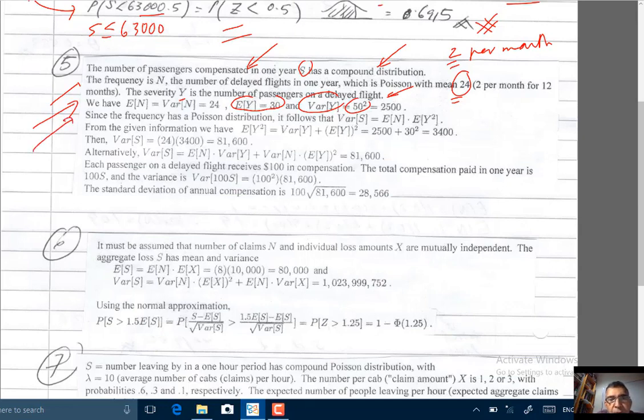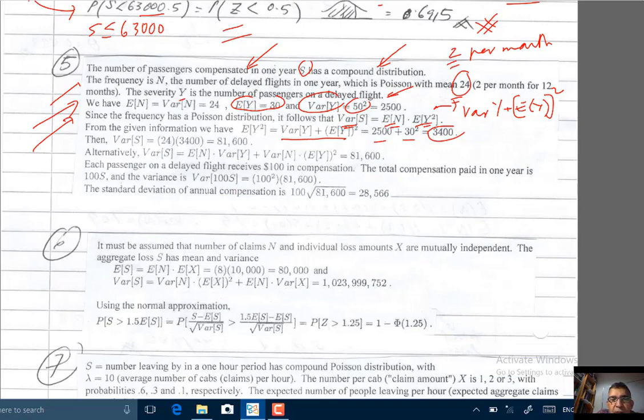Since the frequency is Poisson, the variance of S is the expected value of N times the expected value of Y squared. The expected value of Y squared is the variance of Y plus the expected value of Y, whole thing squared. That's what you see here: 2500 plus 30 squared, 3400.